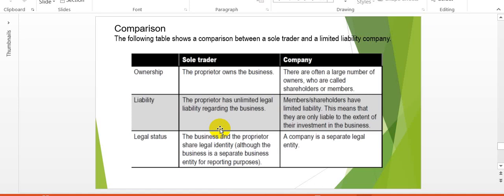With a limited company, the members or the shareholders have limited liability, which means that they are only liable to the extent of their investment in the business. The creditors will not come after their assets should the business fail.